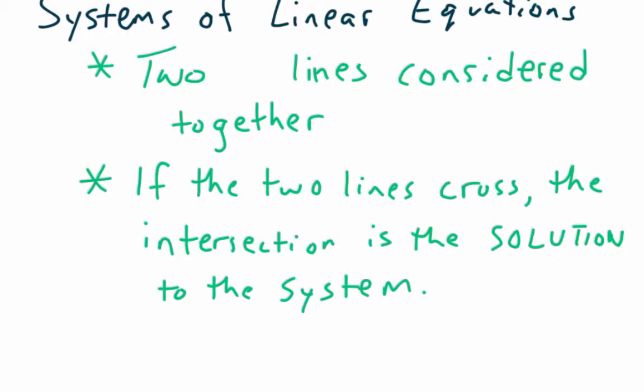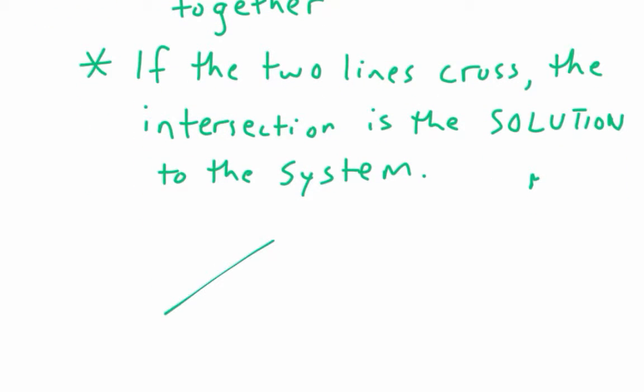Why? Well, if you have an equation for a line, that line is going to be all the points, all the xy pairs that work in that equation. So if you have one line that looks like this, all the points on that line are going to work for that equation.